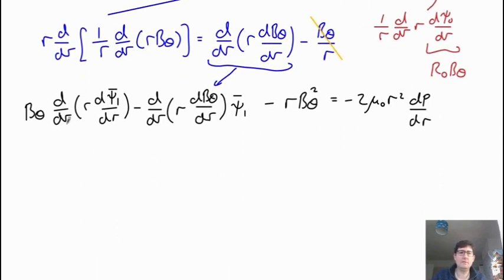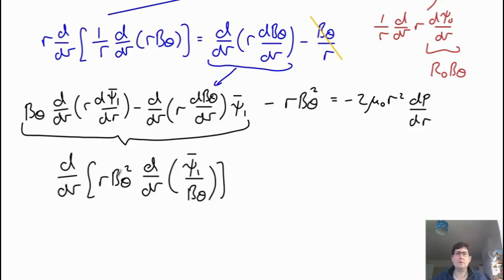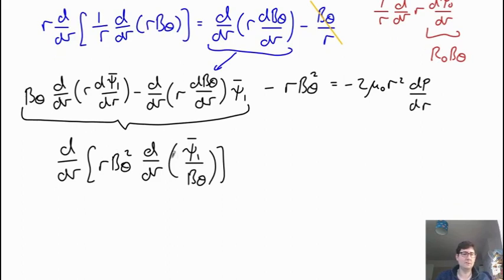Okay, then it's not particularly obvious, but this part here can be simplified, and so you can write this whole thing as a d by dr. So you can multiply this out yourself and see that this is true, and this allows us just to write down this in a slightly simpler way.